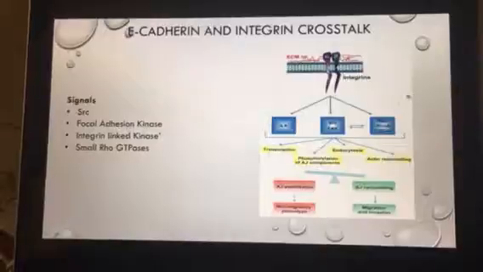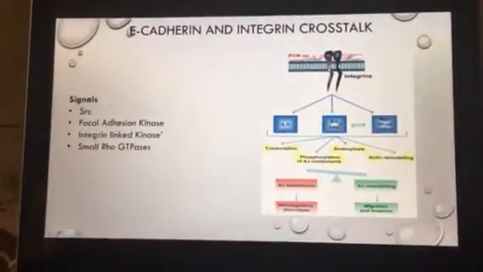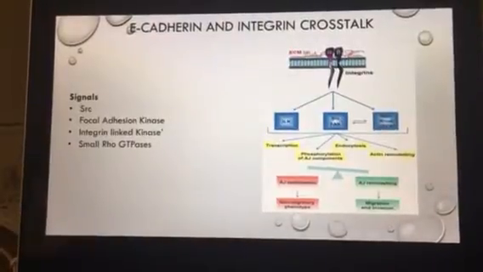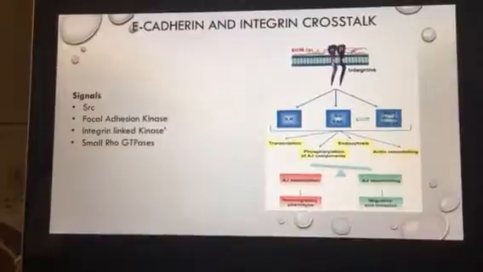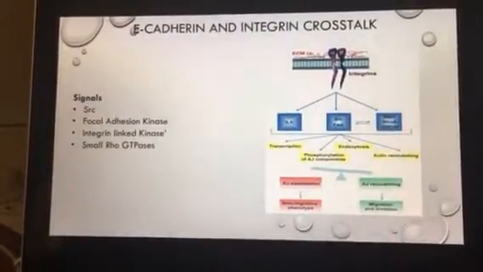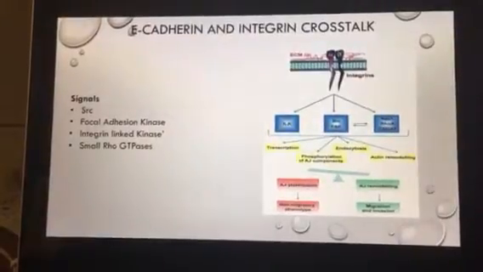focal adhesion kinase, integrin-linked kinase, and the small GTPases play a role in invasion, migration, and metastasis of tumor cells in the crosstalk. The signals of SRC and Rho GTPases are connected.